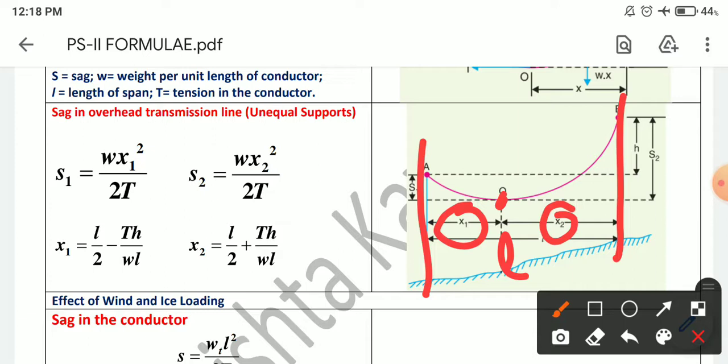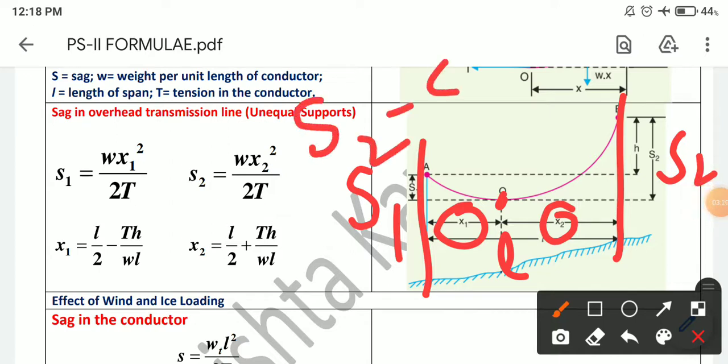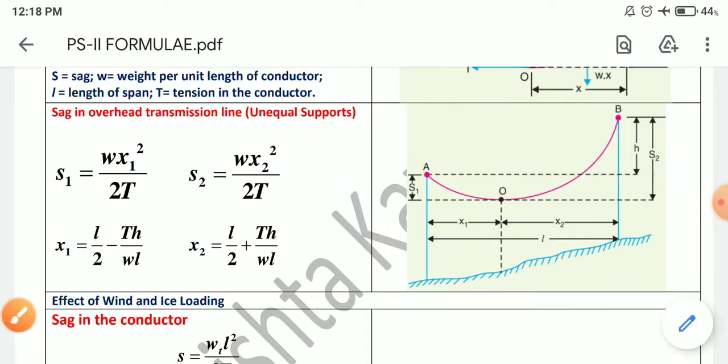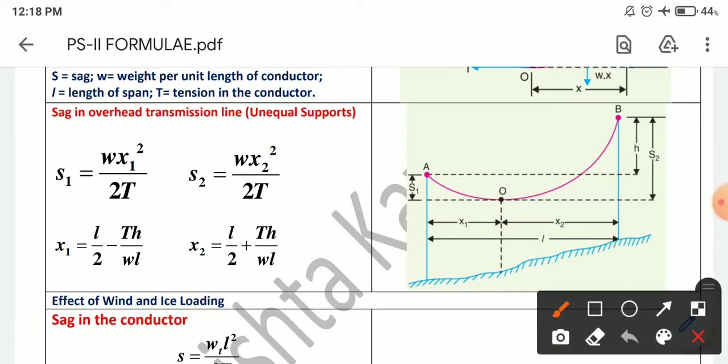That's why we get two sags here, S1 and S2, and H is the difference between the two sags. Therefore S2 minus S1 is H, the difference in level. The two sags S1 and S2 are given by these two formulas, Wx1 square by 2T and Wx2 square by 2T, where x1 and x2 are given by L by 2 minus Th by WL and L by 2 plus Th by WL.